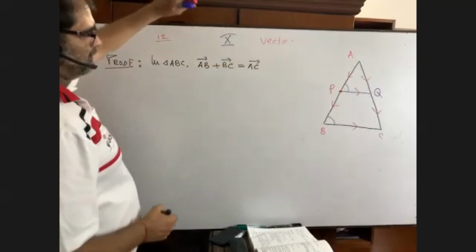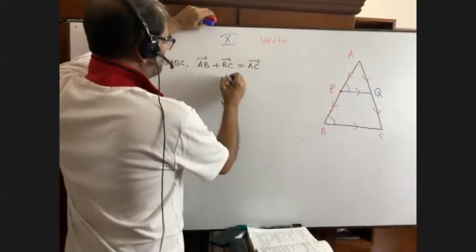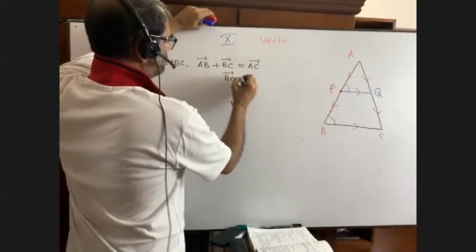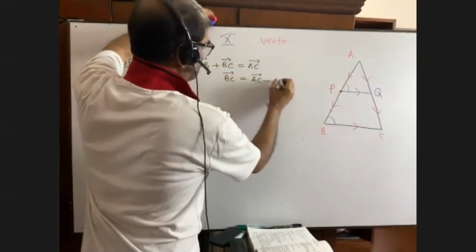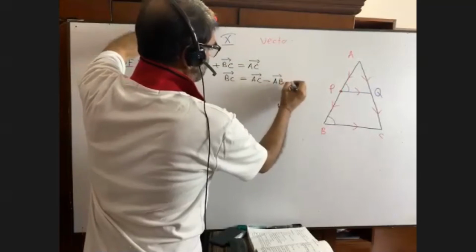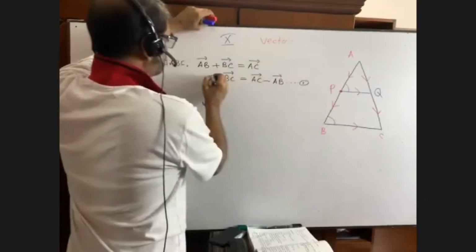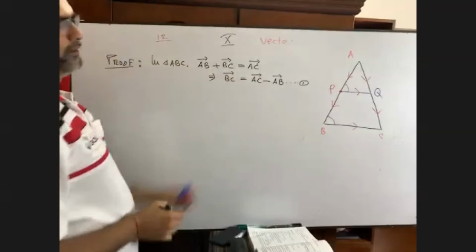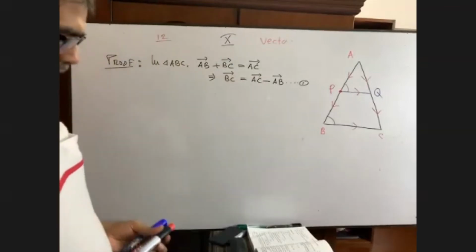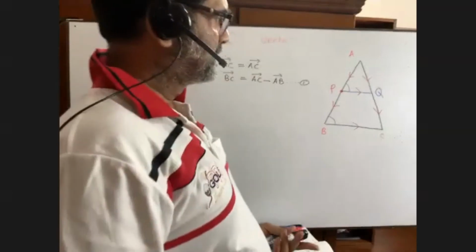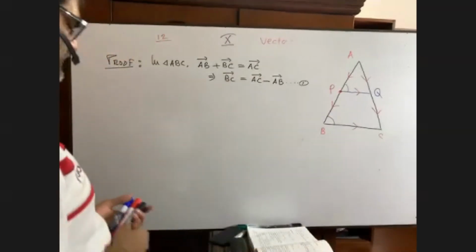So from here, we can write BC equals AC minus AB, equation 1. You know, I did the same for the last math. Here, we have to prove that Q is the midpoint. Okay, that's good.